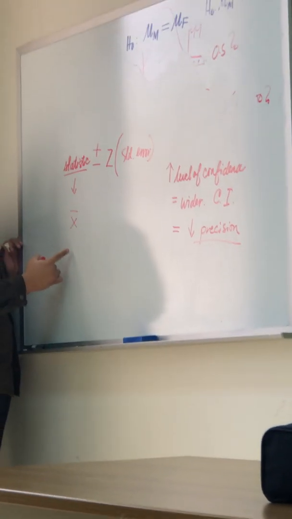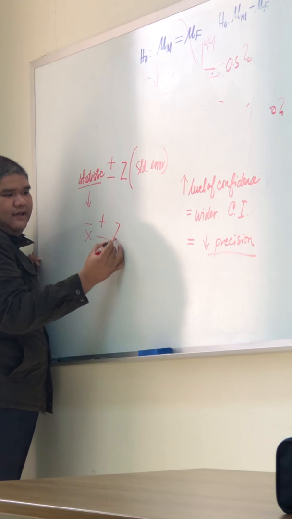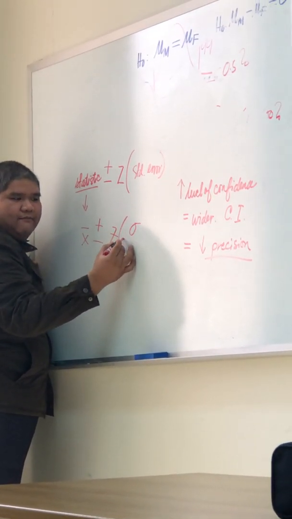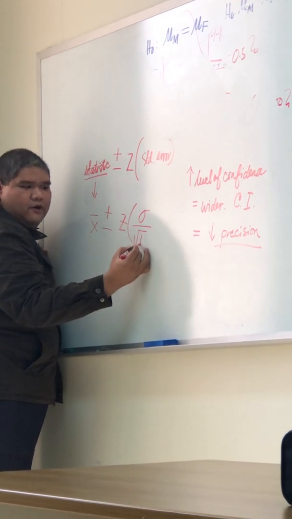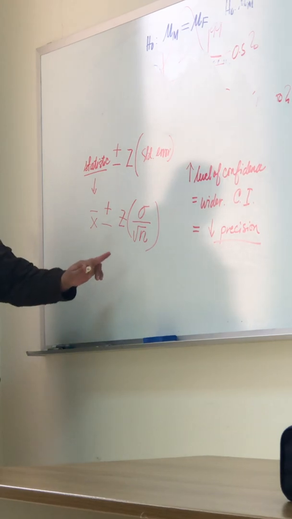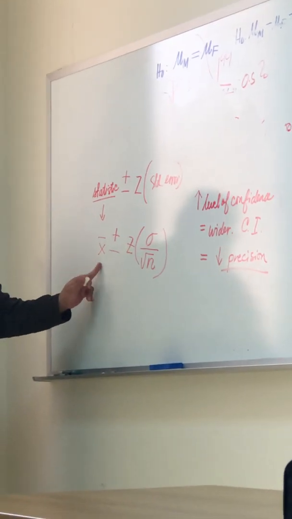In the case of mean, that will be plus or minus z multiplied by sigma divided by square root of n. Do you get me? This is the standard error of the statistic.